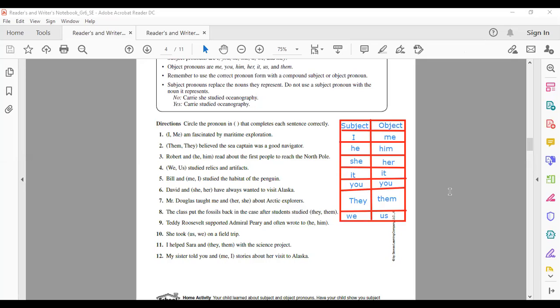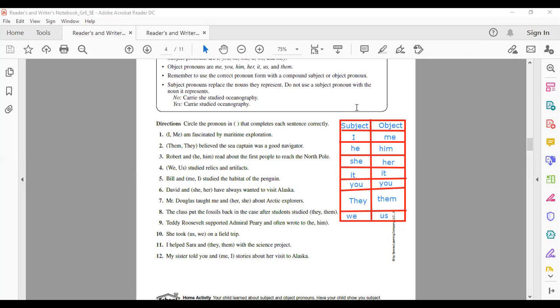Did you write it? Yeah, miss. Done? Okay, this is how I want you to memorize it. In the subject, these are the pronouns we are going to use: I, he, she, it, you, they, we. In the object, it will become me, him, her, it, you, them, us.